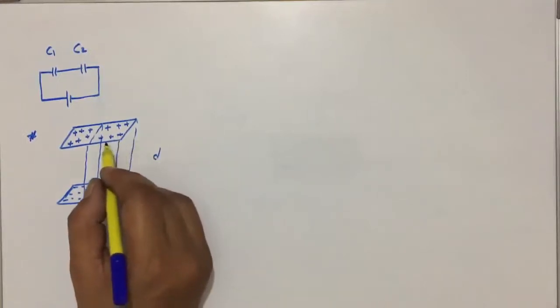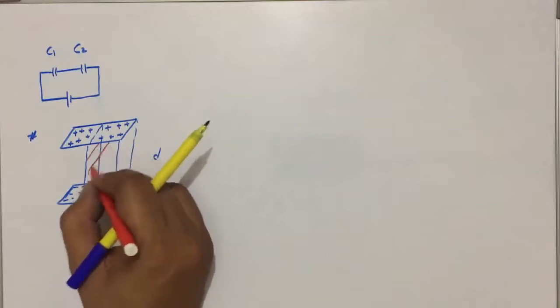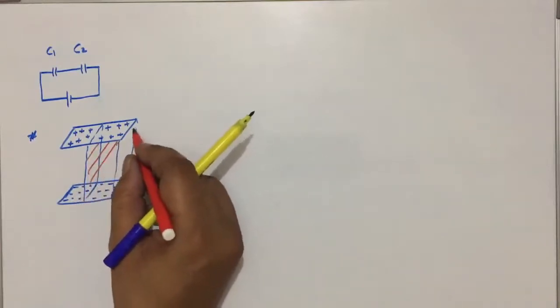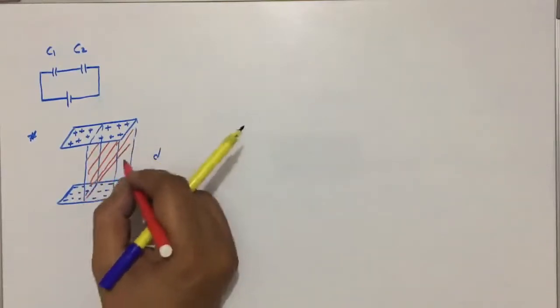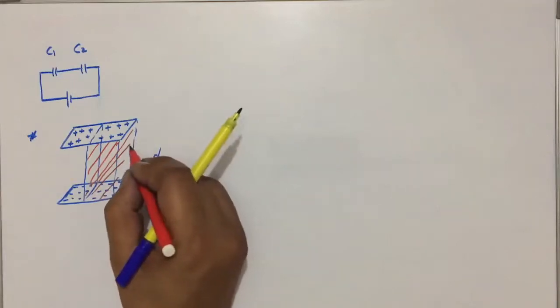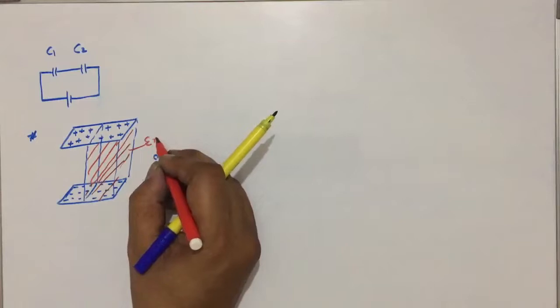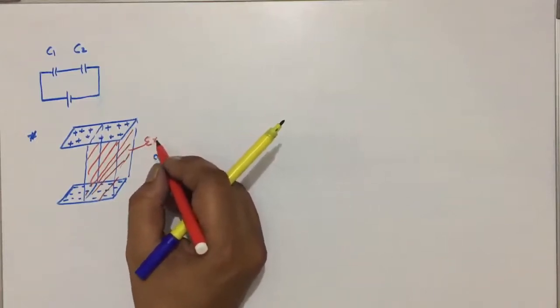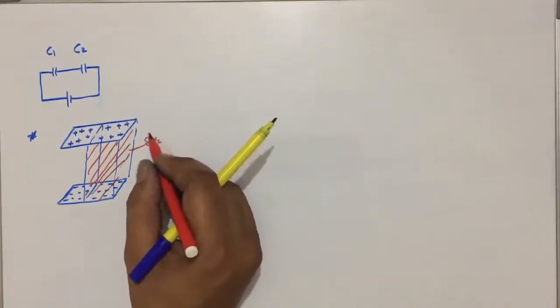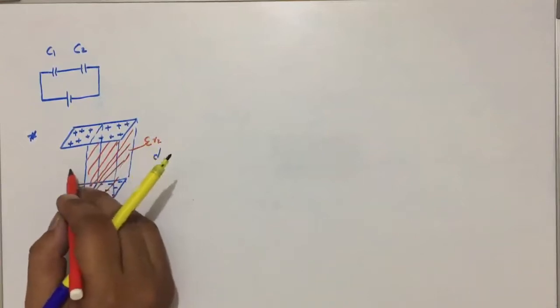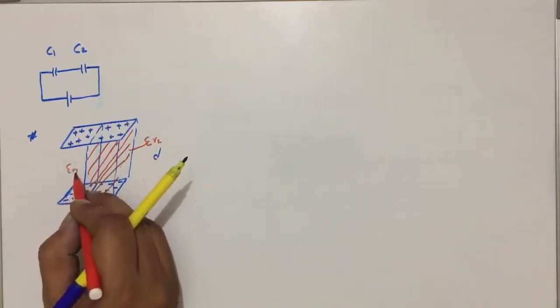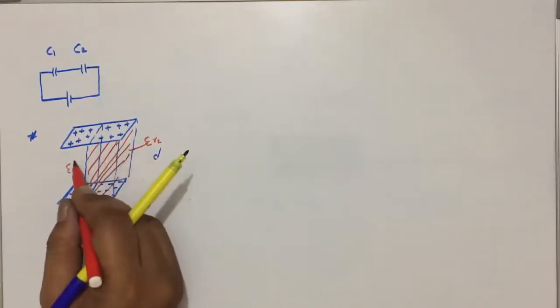This is dielectric material filled with dielectric material. The permittivity is epsilon R1, you can say R2 because this is the lower, than put it R1. Don't worry about R1, R2, just put.